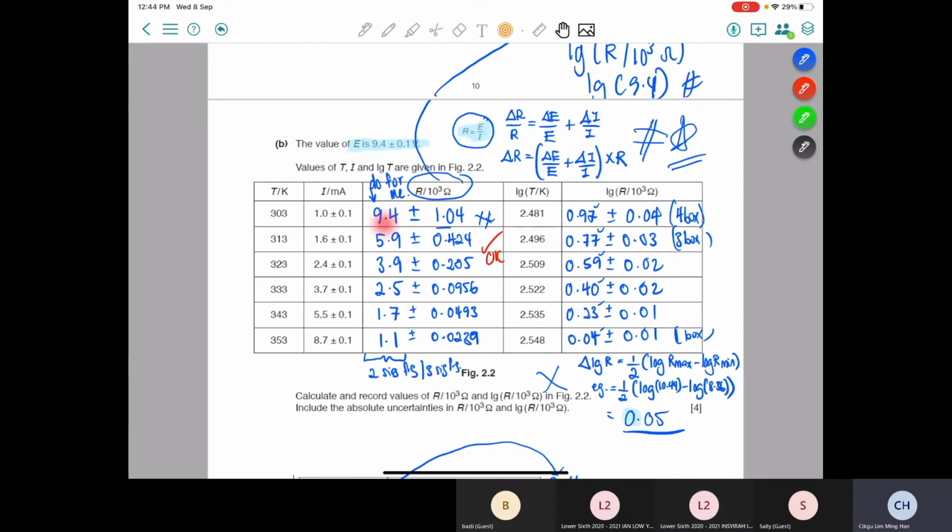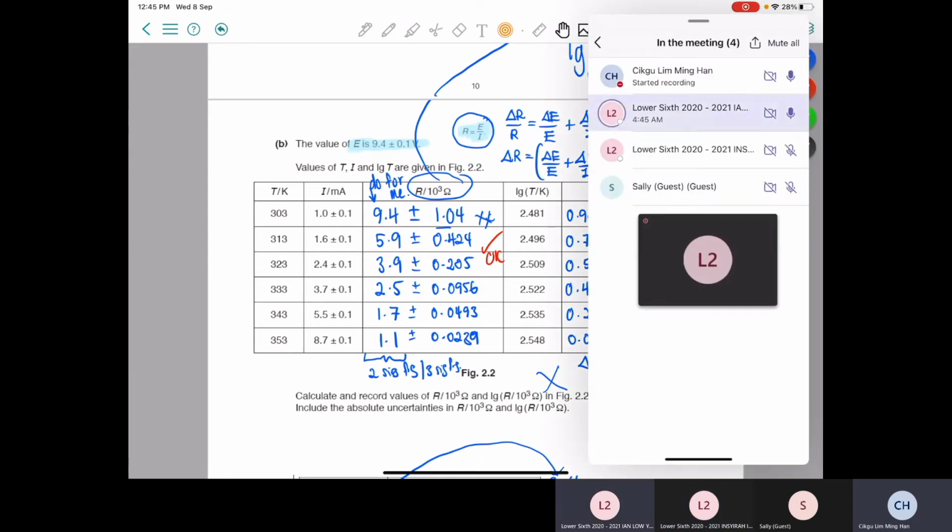This is actually 9,400. It's not 9, 9.4 is actually 9,400, unless this is in ohm. If it's just ohm, then it will be 9,004. Okay, thank you, sir.